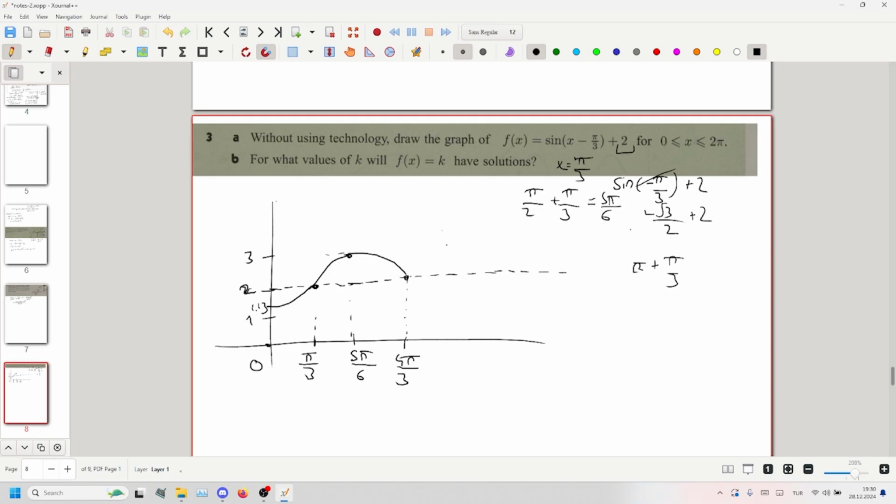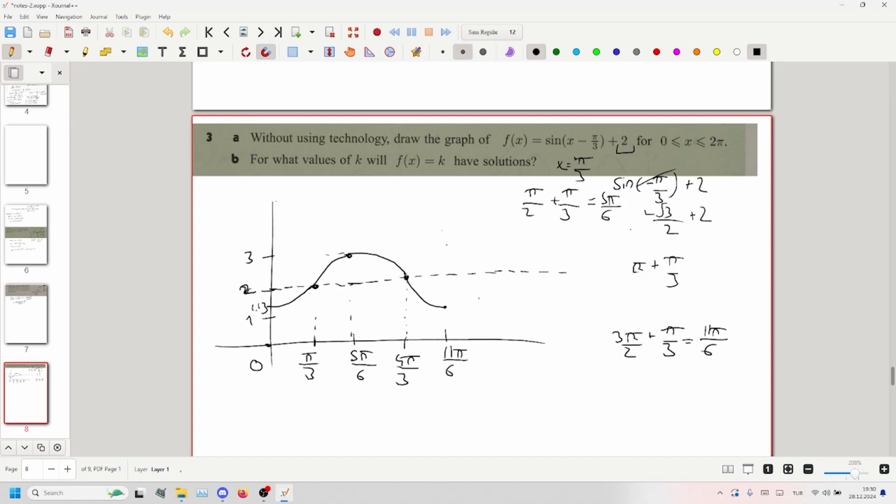The next value would be 3 pi halves, at which sine is equal to negative 1. If we add pi thirds to that, well, that'd be 9 plus 2, that's 11 pi sixths. And at that value, it will be at 1.